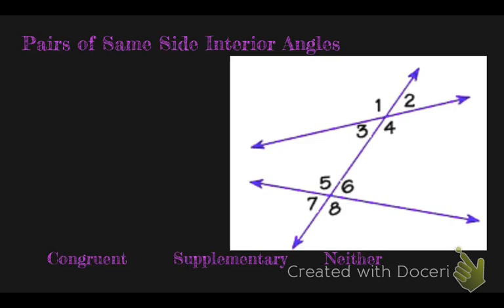We're going to take a look at another diagram and identify some same-side interior angles. Hopefully you're noticing that this diagram looks a little bit different in that the two lines that are cut by the transversal are not parallel to one another. I can tell this because it does not say in the directions that the lines are parallel.